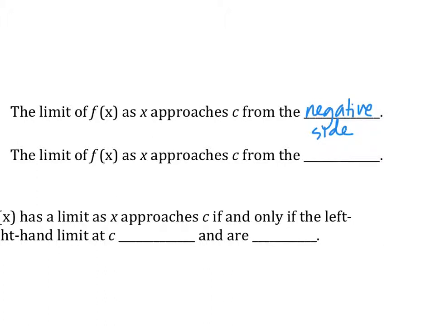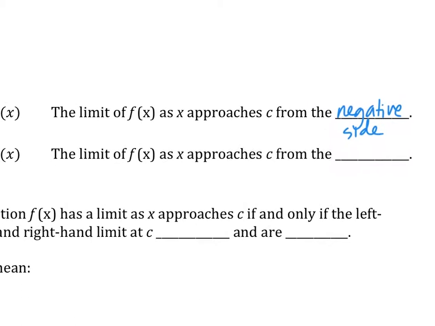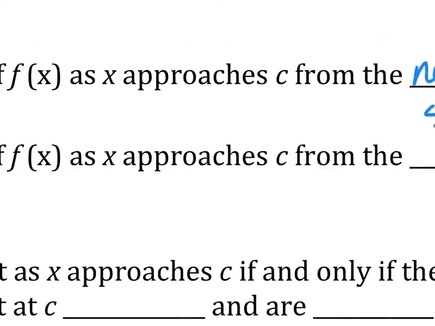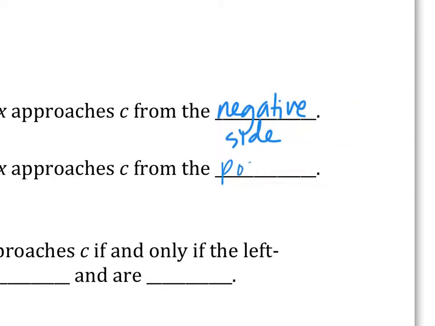When you see a minus, that's telling you we're coming from the left-hand side or the negative side of that number. And then we're trying to see where y is going to. Okay, so the next one, when x is going to c positive, positive means from the positive side. So we're coming to c from the positive side and saying, where is y going to? Okay, so this is from the positive side.